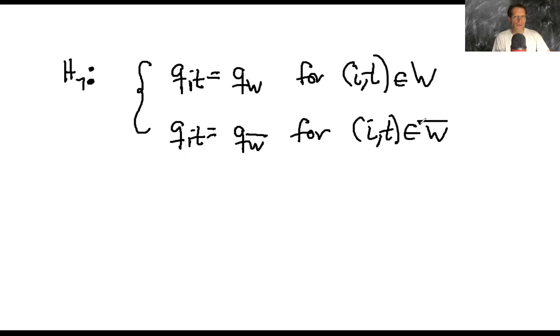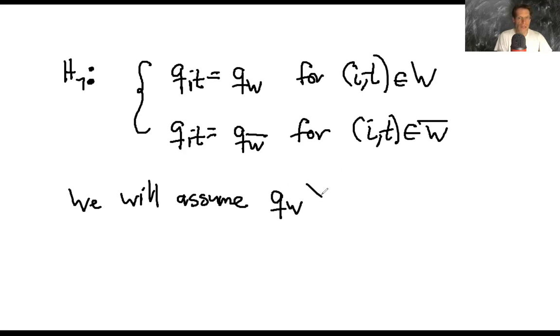So these are the regions here, and of course we will assume, just so that this makes sense, that q_W, so for areas in our outbreak window, this is, you can debate if you need the equal one, but you will definitely want that bigger or equal to the q_W bar.